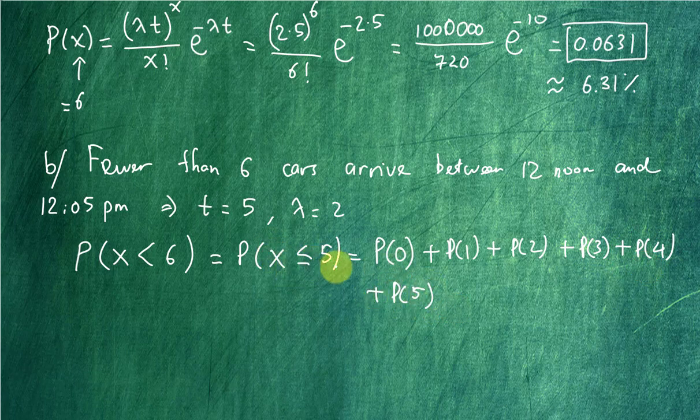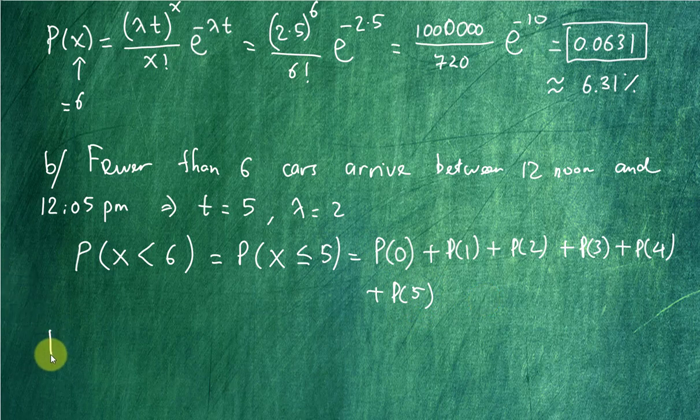So anything less than or equal to 5. So we start from 0, 1, 2, 3, 4, 5. These are the discrete values. And remember, x here starts from 0, 1, 2, 3, 4, and so on. So you want to add all of them up to the value of 5.